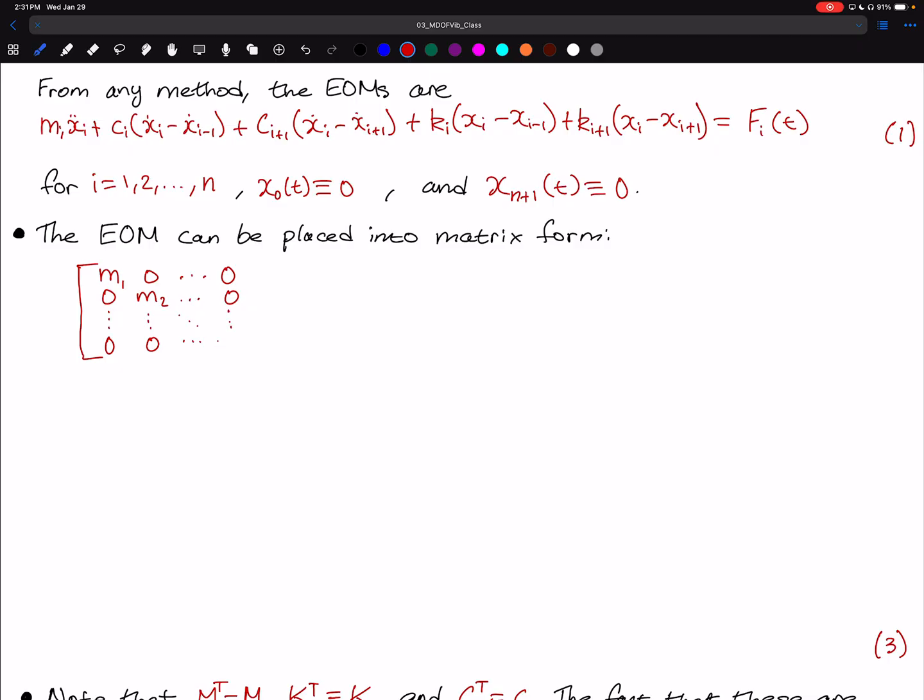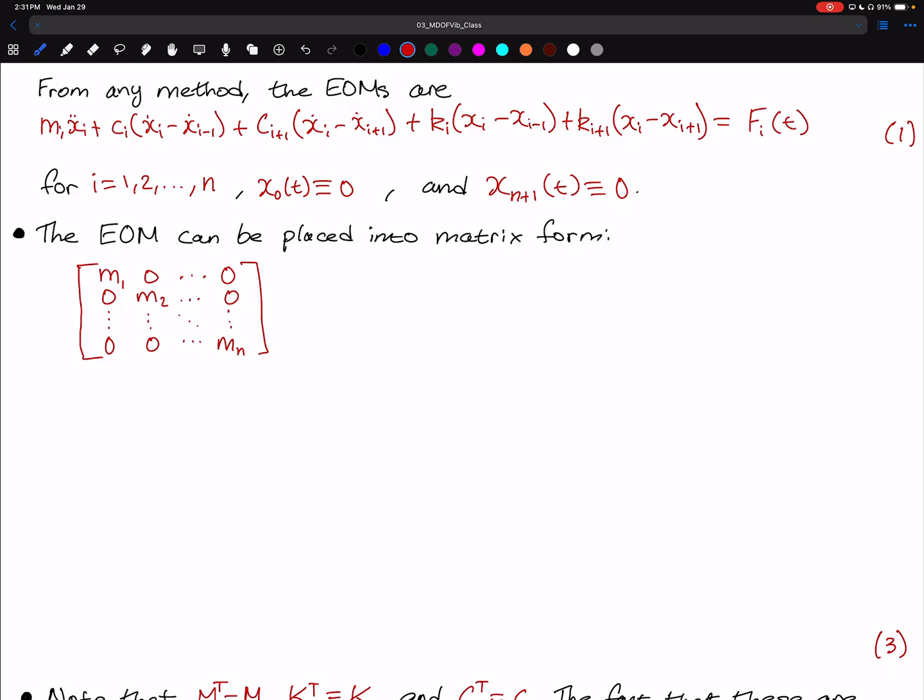And then in the last row and column, we'll have Mn. So this is a diagonal mass matrix. You may not always have a diagonal mass matrix, but there are ways to make it diagonal if that is important to you, through something like Cholesky decomposition, or like a square root decomposition as well also works.